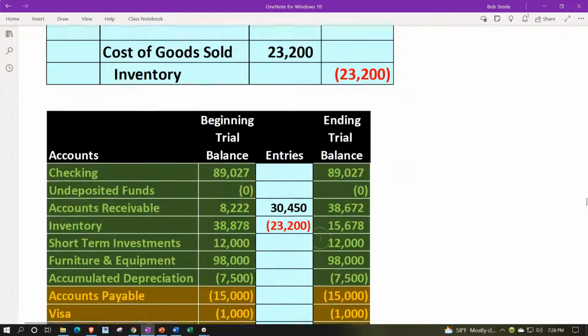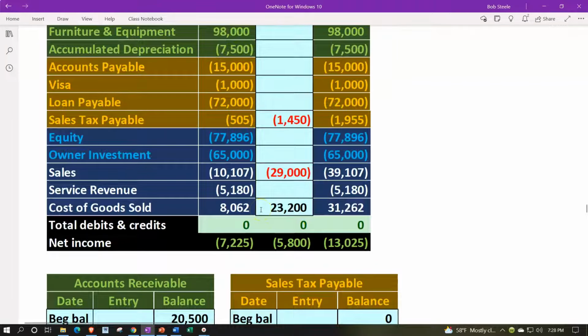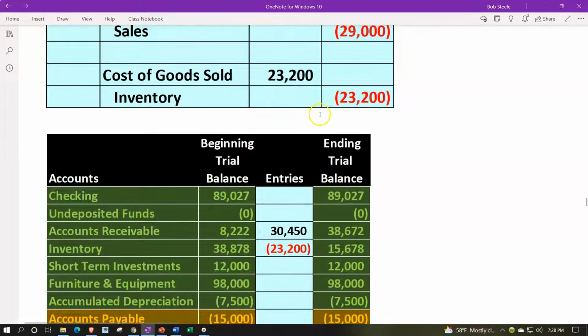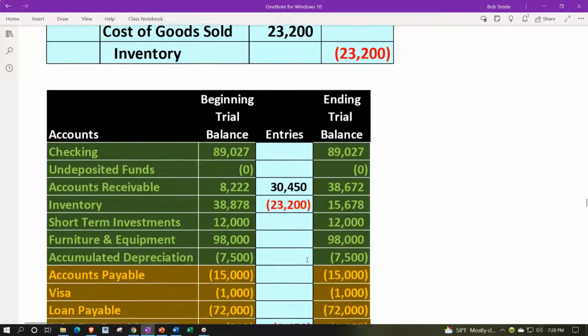Then cost of goods sold goes up from a starting point of 8,062 by 23,200 to 31,262. The impact on net income is the sales minus the cost of goods sold, a net increase of 5,800, and then of course the inventory is going down by the 23,200 to 15,678.